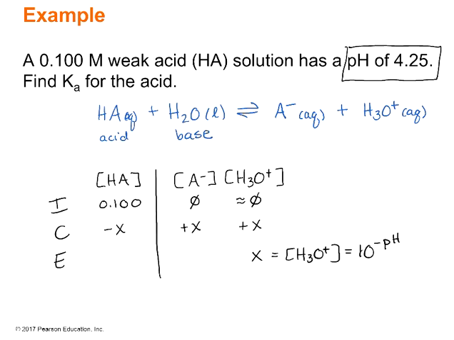So we had said that the concentration of hydronium ions is equal to 10 to the negative pH. So in this case, that's 10 to the negative 4.25. And if we plug that in, we end up with a value of 5.6 times 10 to the negative fifth.